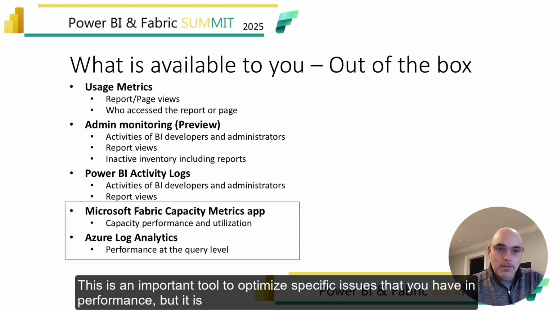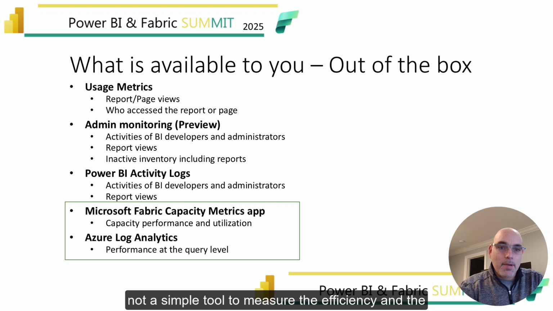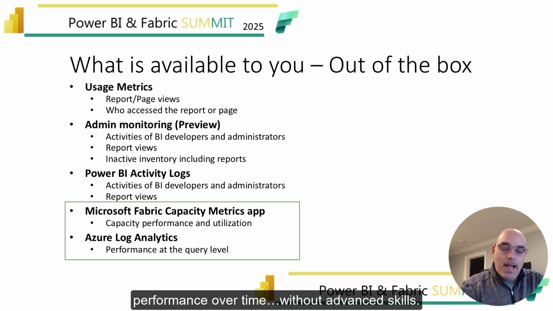This is an important tool to optimize specific issues that you have in performance, but it is not a simple tool to measure the efficiency and the performance over time without advanced skills.